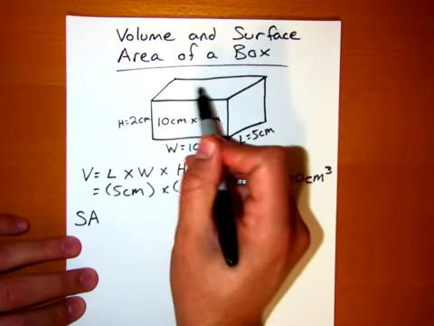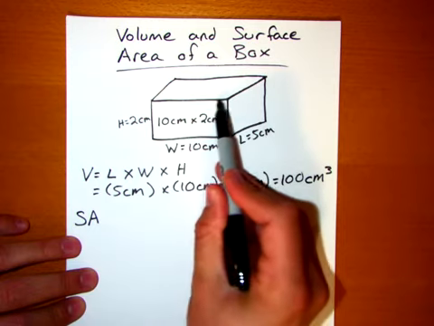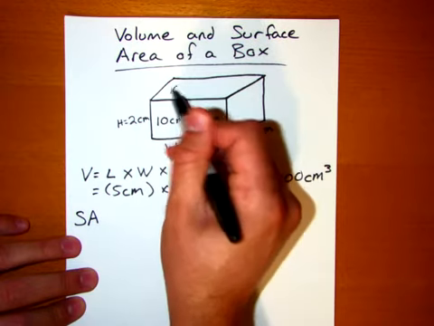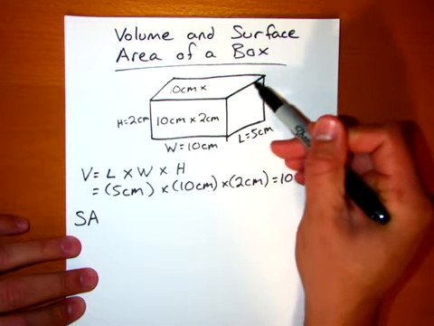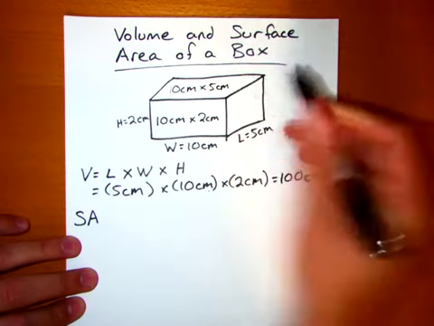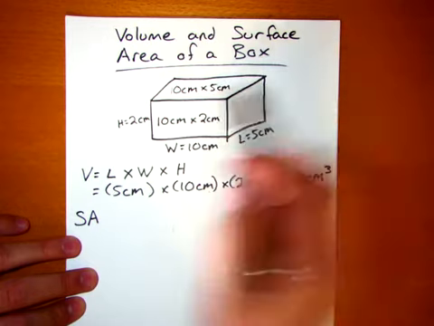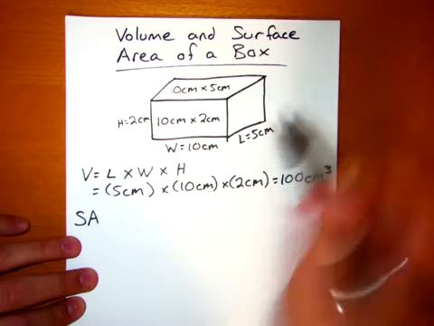And then similarly, there's this face on top here, and that's got dimensions of 10 centimeters by 5 centimeters. And then, if there's a face on top, there's one just like it on the bottom.